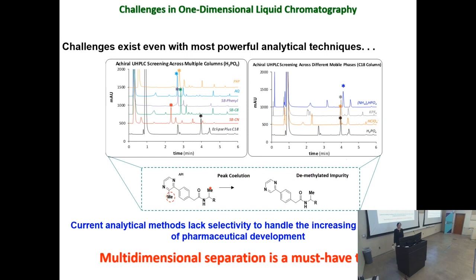Here is another example. We also analyzed a reaction mixture. On the one-dimensional achiral UPLC screen, across multiple columns and mobile phases, we got most of the impurities separated out. However, there is the peak of interest, highlighted with the star in this figure.